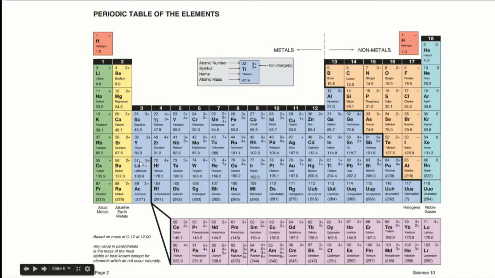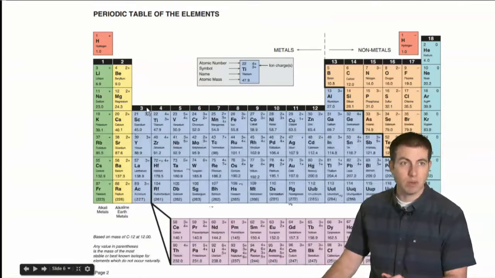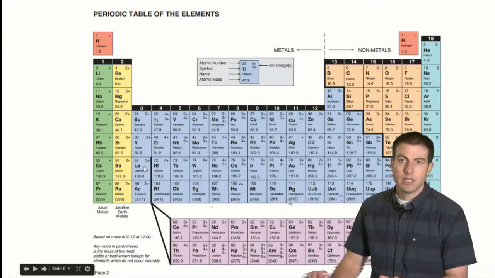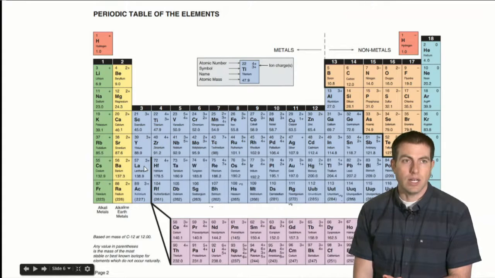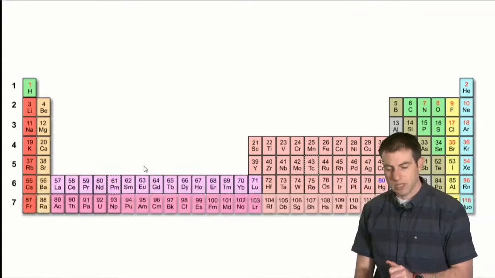But if you were to jump from 57 down here to 58, all the way across to 71 at the end, and then go back up here to 72, all the way across, then you get to 86, 87, 88, 89, to 104. Oops, you've got to go down and then across to 103, and then start back up here at 104. So if you were to cut that periodic table right down here, you'd end up with a periodic table that looked like this.